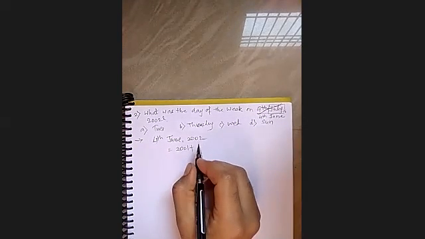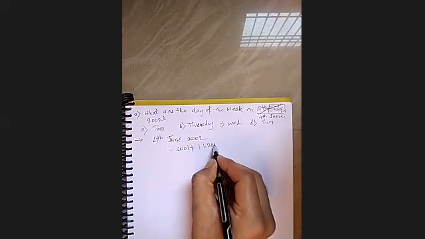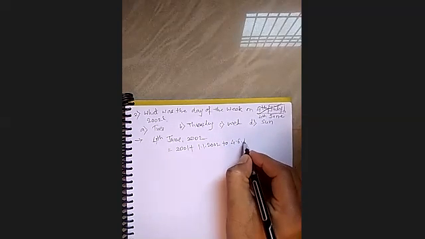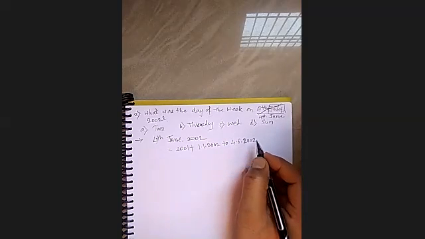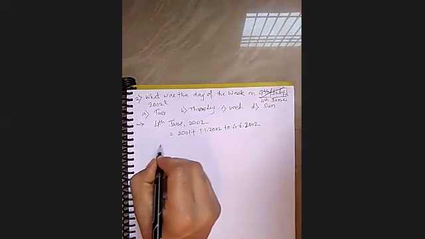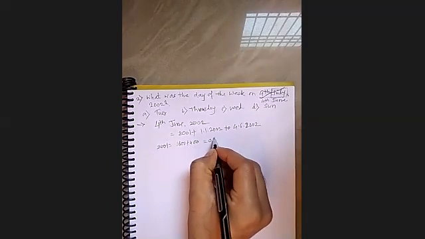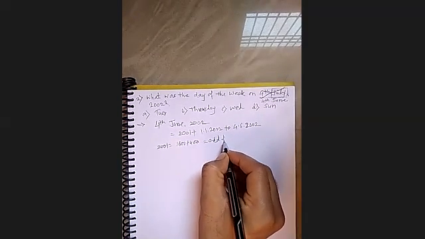Okay, let's go through the logic. So 4th June 2002, that means how can you write this? You can write it as 2001 plus the period from 1st of January 2002 up to 4th of June 2002. Now 2000 is written as 1600 plus 400, and it has 0 odd days.